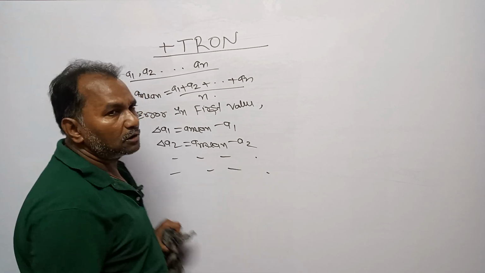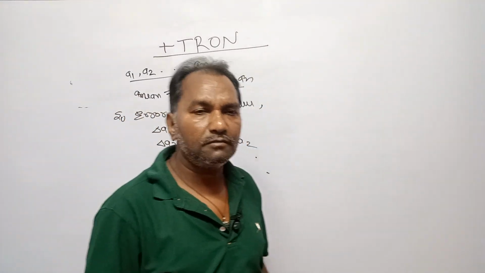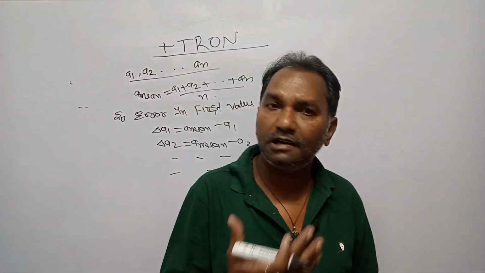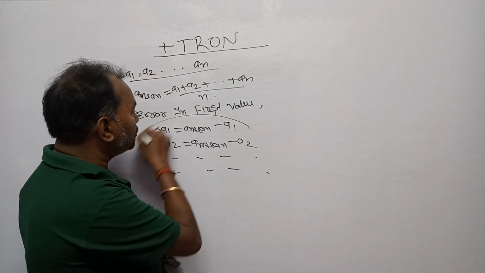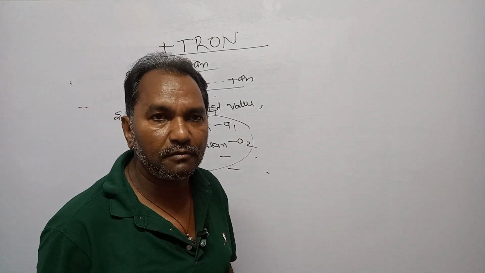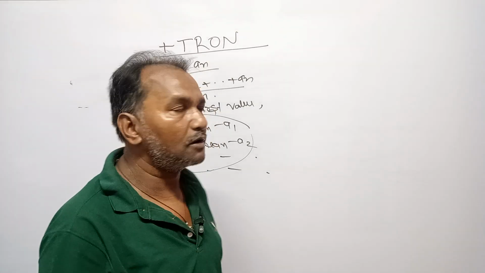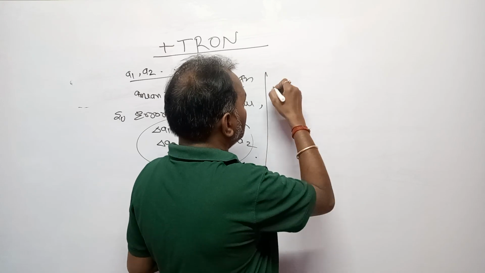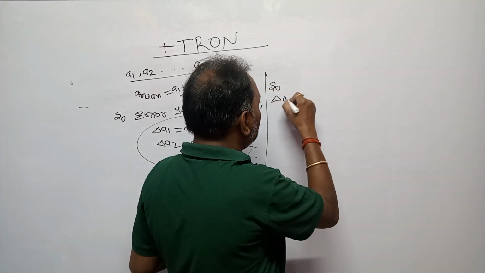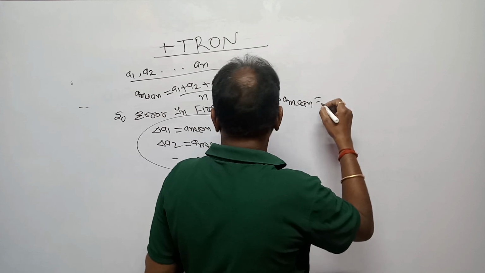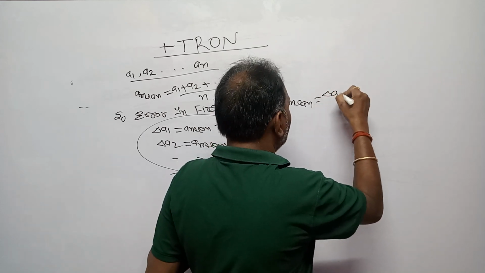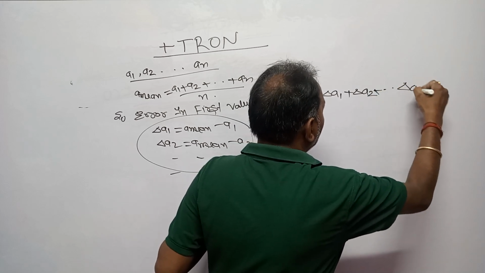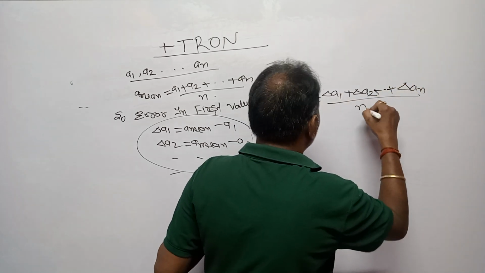Now, dear students, as you have got the mean value or experimental value of the experiment, what should be the permissible error in the experiment? To find it, we have to find the mean value of the error also. So delta A mean is equal to delta A1, the error in the first value, plus delta A2, up to delta An, divided by n.